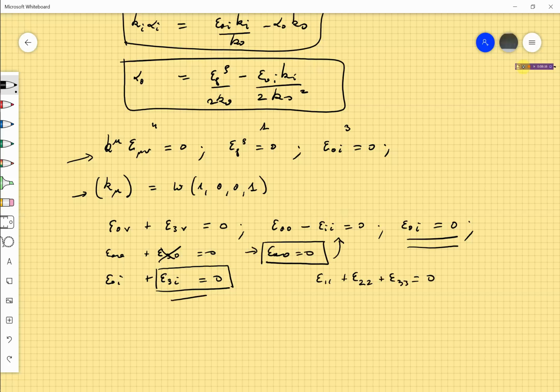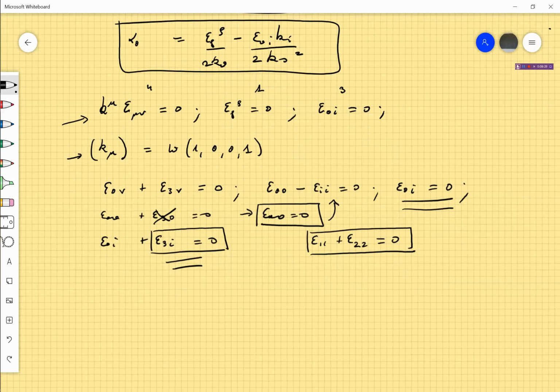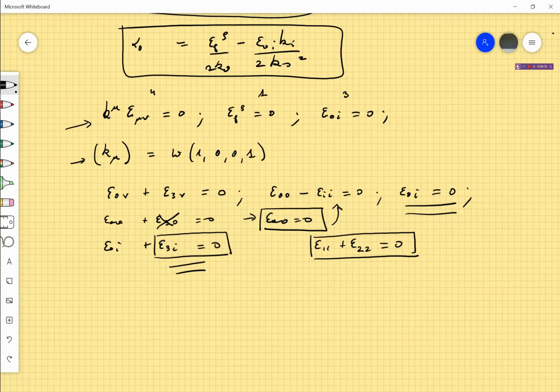But in particular, ε^{33} is 0, so you arrive to this condition. And the only component which doesn't have a 3 here or a 0, because we have already exhausted all the conditions that involve them, is ε^{12}. ε^{12} is unconstrained.